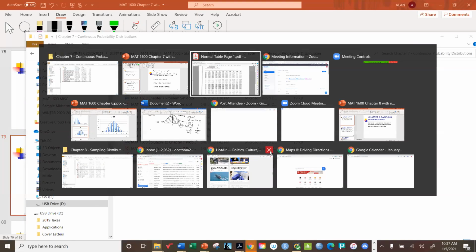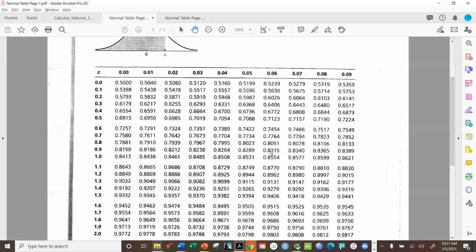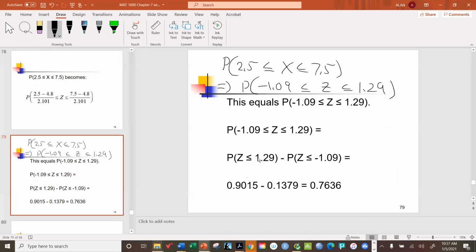So how do we do that? We need the 1.2 from over here. We need the 0.09 from over here. And at their intersection, you'll find 0.9015. Okay, and that's what we have here.